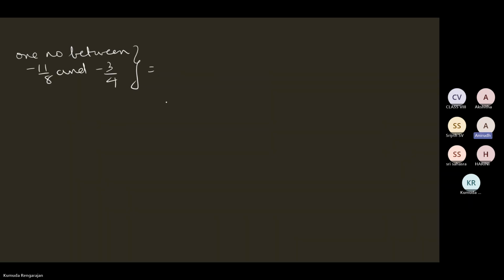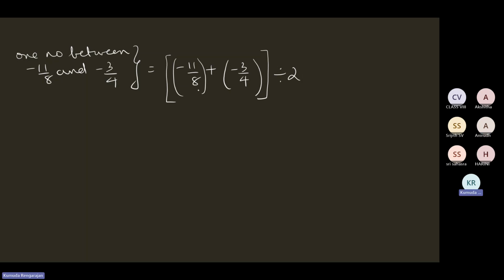Minus 11 by 8 in one bracket, plus minus 3 by 4 in another bracket, and the whole thing divided by 2. Add the two numbers, divided by 2.